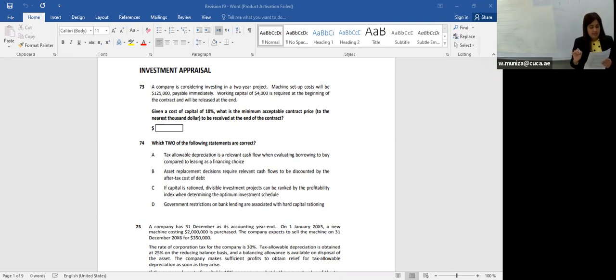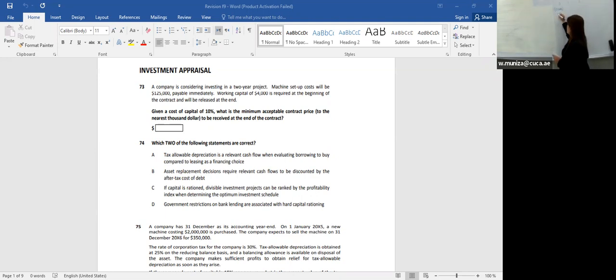They say machine setup cost will be 125,000 payable immediately. Payable immediately means that this is an outflow at the start of the year, at year 0. So you are going to write a cash outflow of 125,000 under year 0. Then they say working capital of 4,000 is required at the beginning of the contract and will be released at the end. So it's very simple.